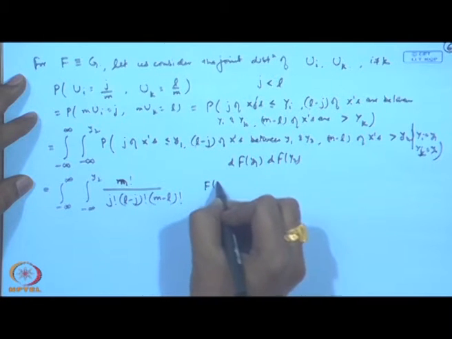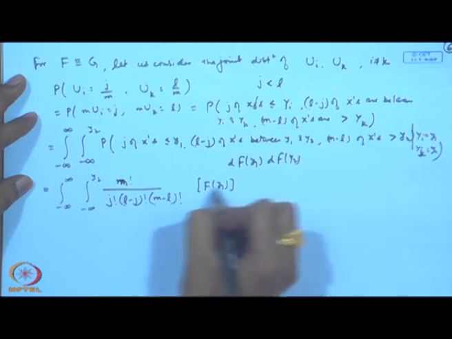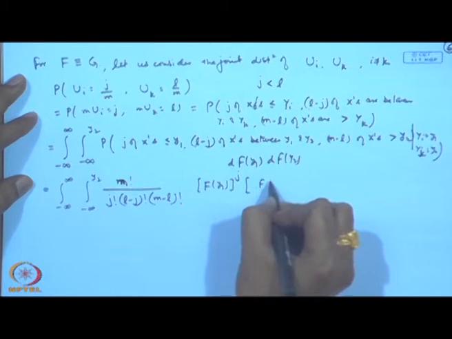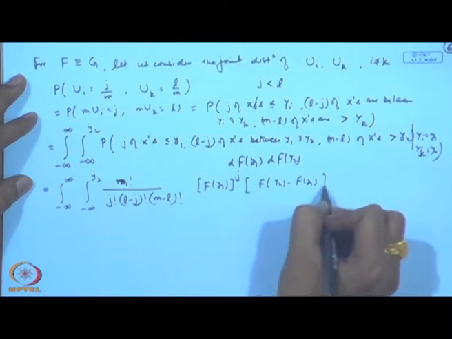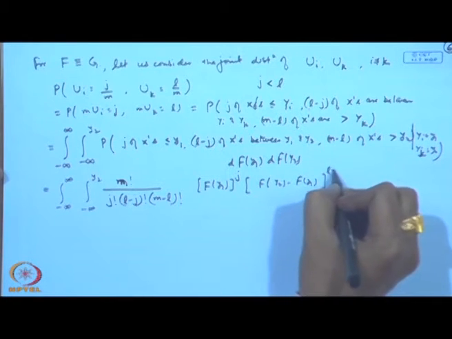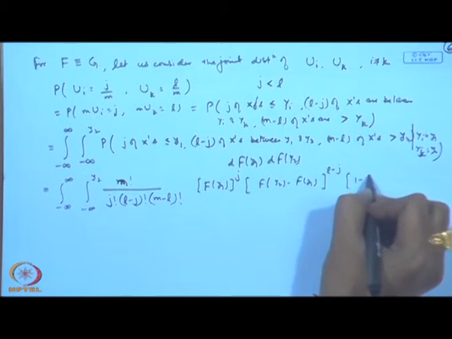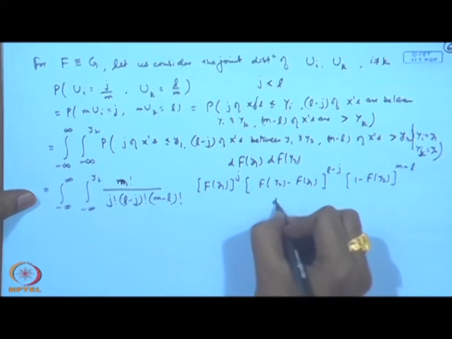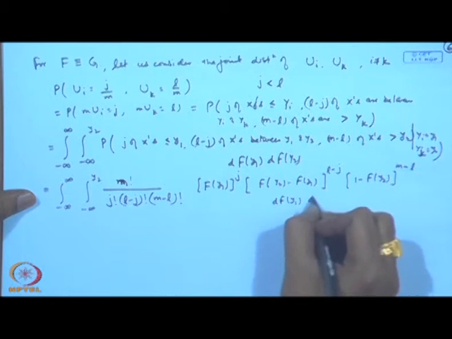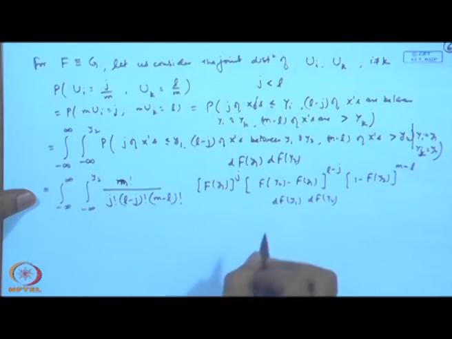Then you have f of y 1 to the power j, f of y 2 minus f of y 1 to the power L minus j, and 1 minus f of y 2 to the power m minus L, d f y 1 d f y 2.